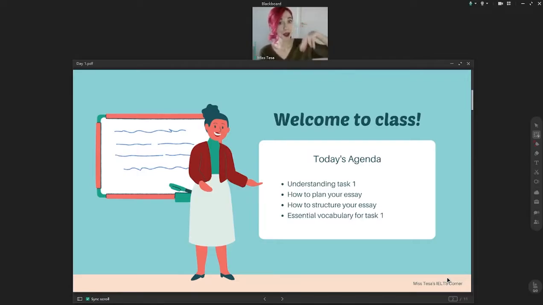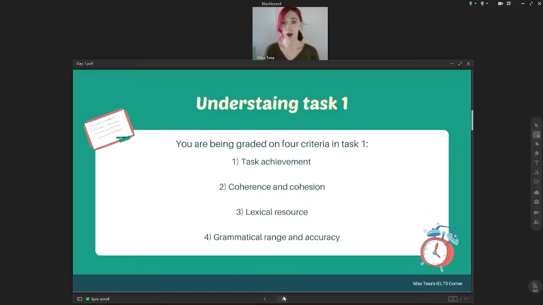In day 2 and day 3, we will be writing an essay together, but today we are just laying the groundwork. So let's go ahead to the first topic, and here we are going to talk about how to understand task 1. And just in general, understanding what you need to do in the IELTS exam.